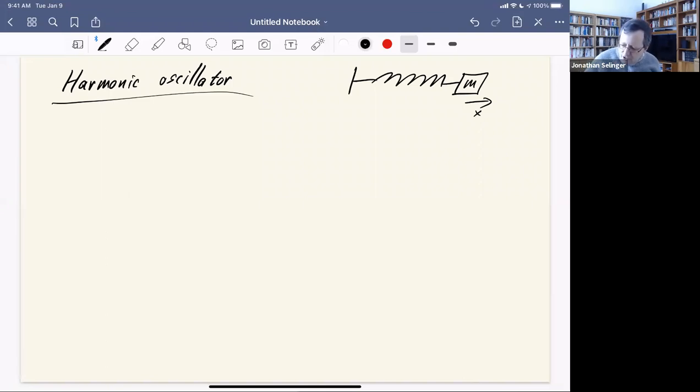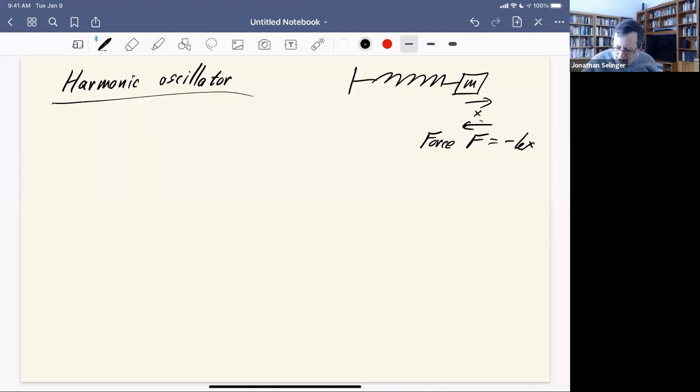And so the restoring force is negative kx. If we want to solve this problem in classical mechanics, you've seen this years ago, but I'll just remind you.